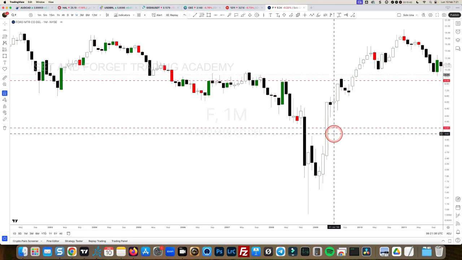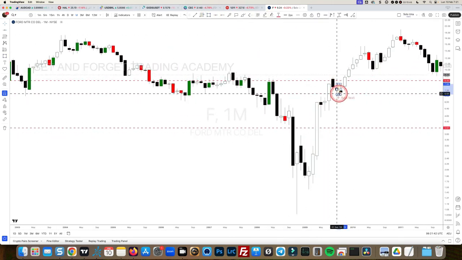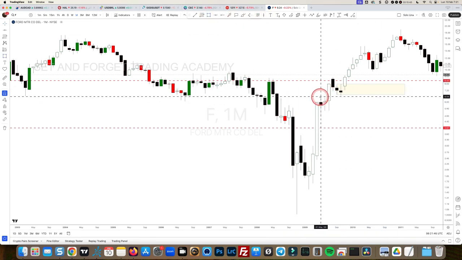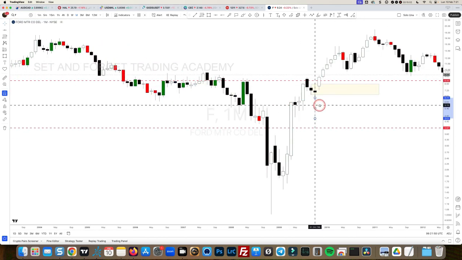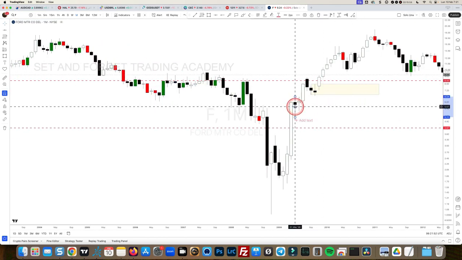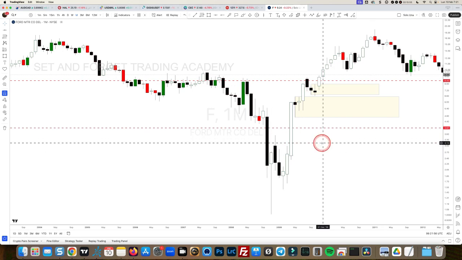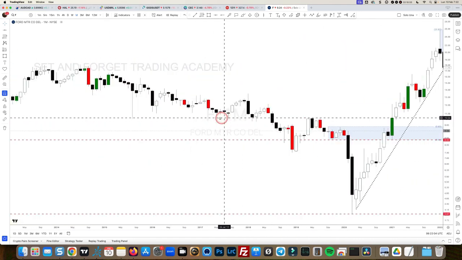We zoom in, and we have two potential imbalances here, this one and this one, that could be demand levels, and responsible for eliminating that demand is that supply level right there.